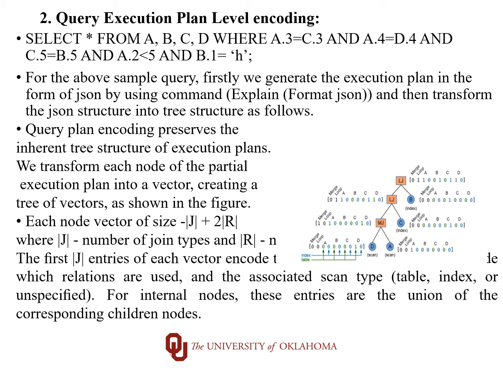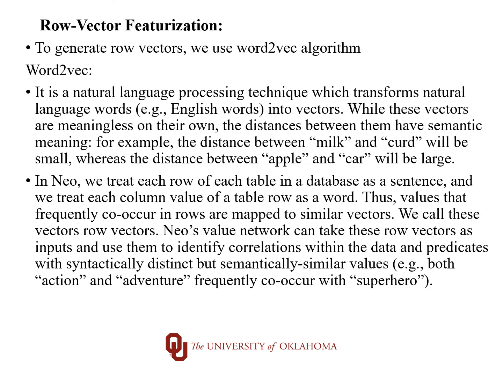And if you consider the D node, for this vector, we put 1 for D. And for the internal node merge join, here the merge join happens. For this we'll put 1 for that. And as I told before, for the internal nodes we need to take the union of the child nodes. So we'll put 1 for A and D, and the process is continued for all the nodes.